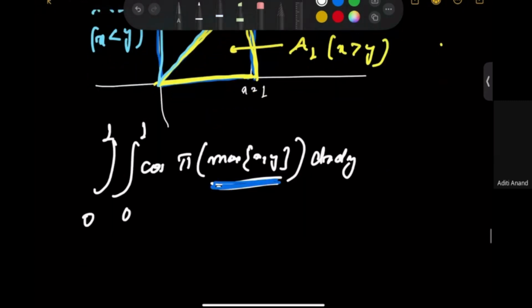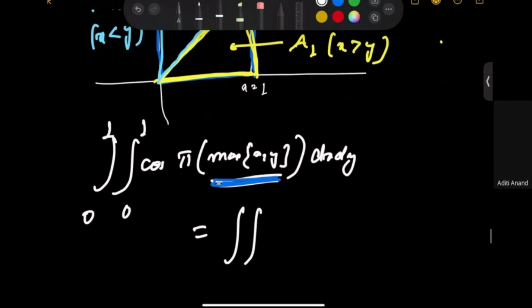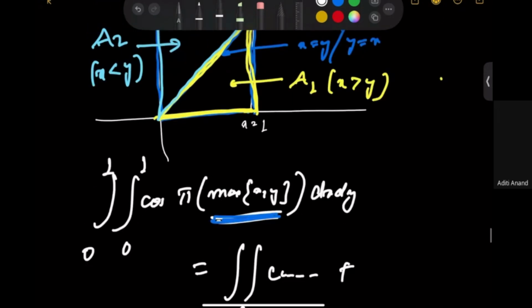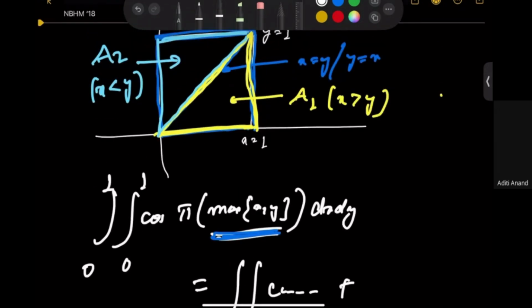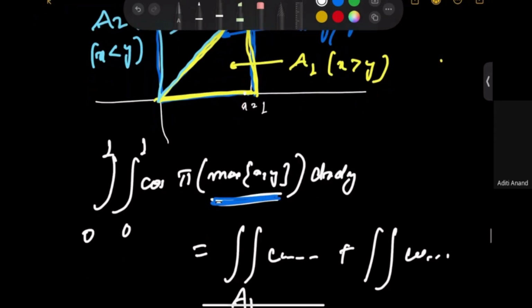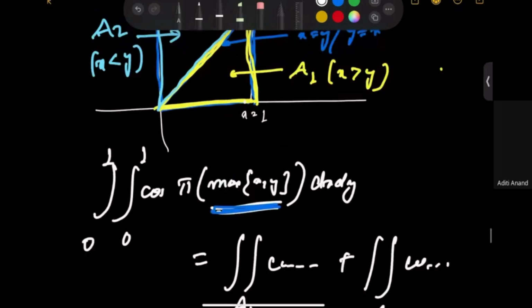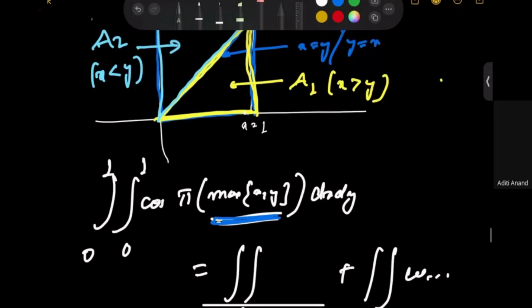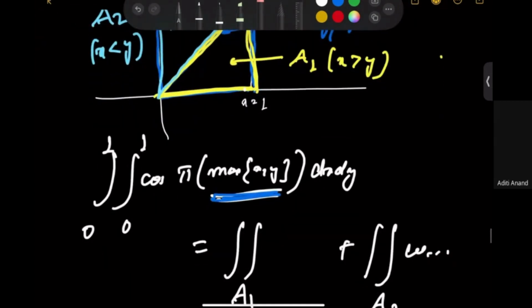So if I break it up into 2 parts, cos of whatever it is over A1, this lower triangular region, plus cos of whatever the function is over A2. Let me just write the cos, otherwise it will be confusing.